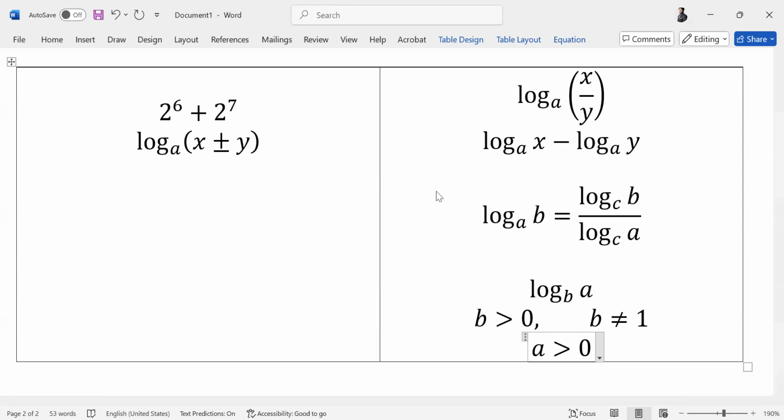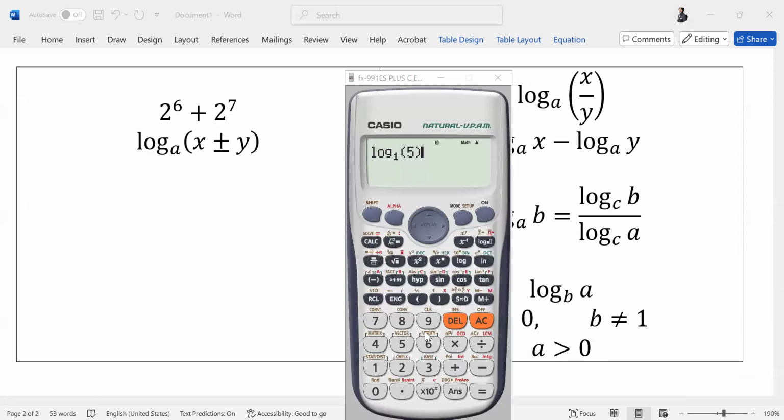इसी तरह से C, if I write log base 6 and 1, without using your calculator, tell me what should this give me. क्या होना चाहिए इसका आंसर? Log base 6 and 1, what should this end up being? हाँ, what does this mean? 6 की ऐसी क्या पावर हो so that it becomes 1?